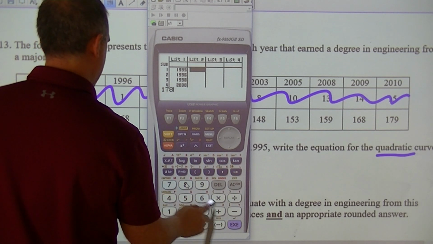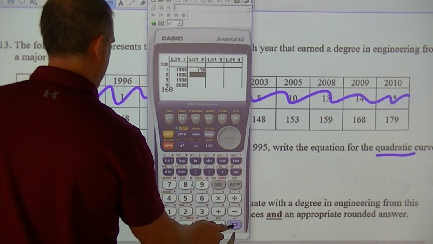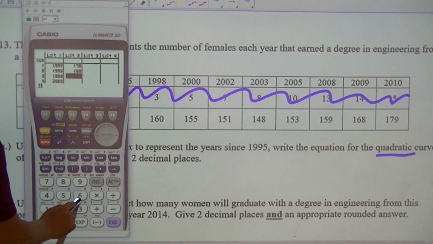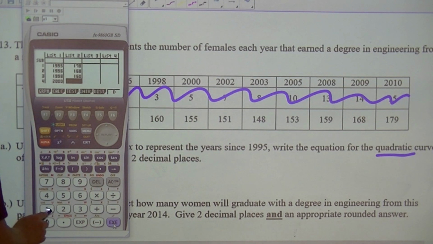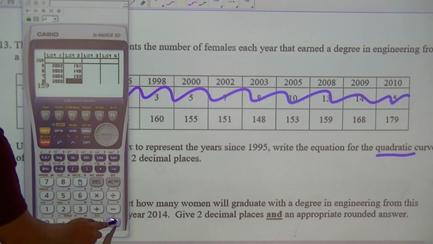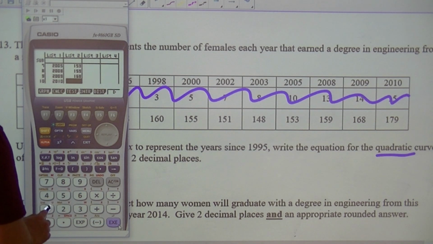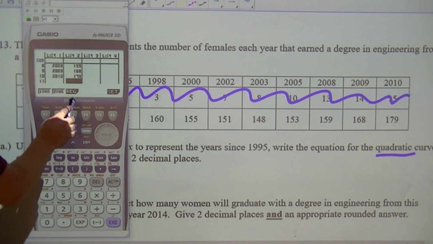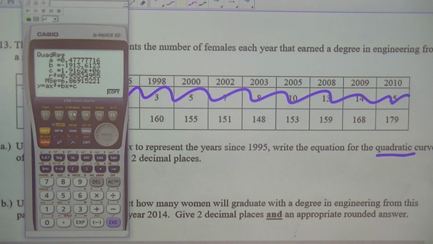Okay, 178, 168, 160, 155, 151, 148, 153, 159, 168, 179. Okay, and I'm going to do calc, reg, x squared.